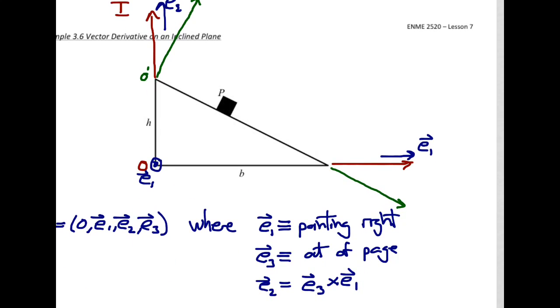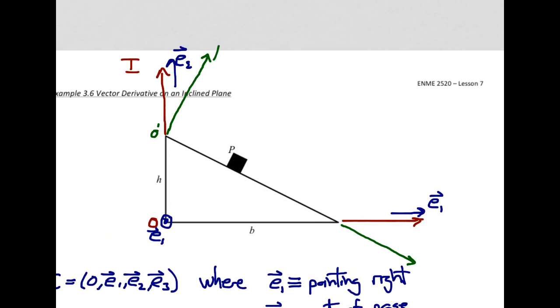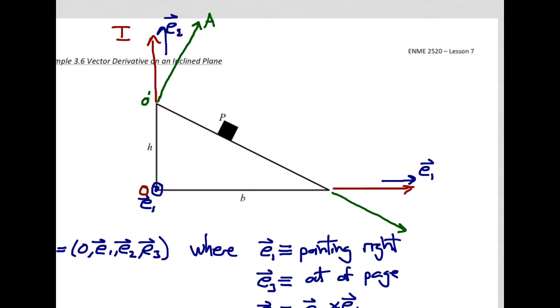So for this A reference frame, let's define its basis vectors as A1, there's A2, and then A3 will be pointing out to us.